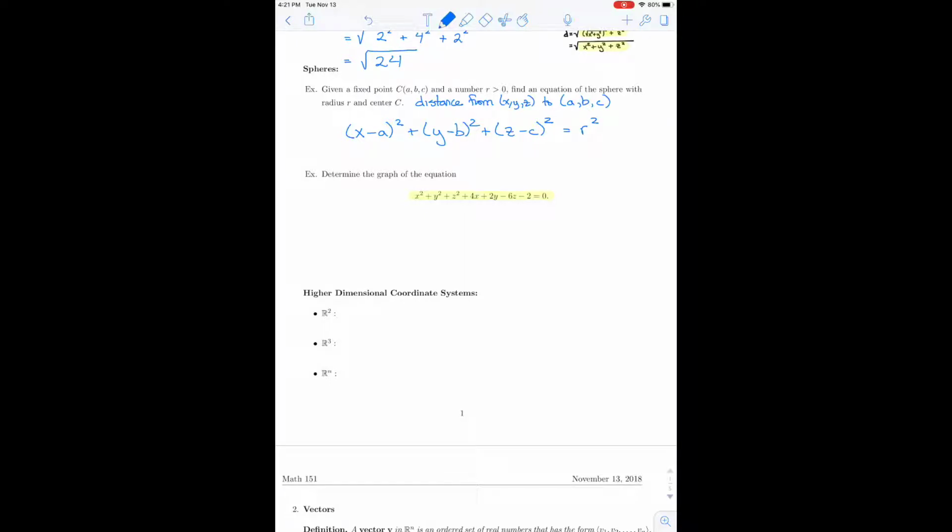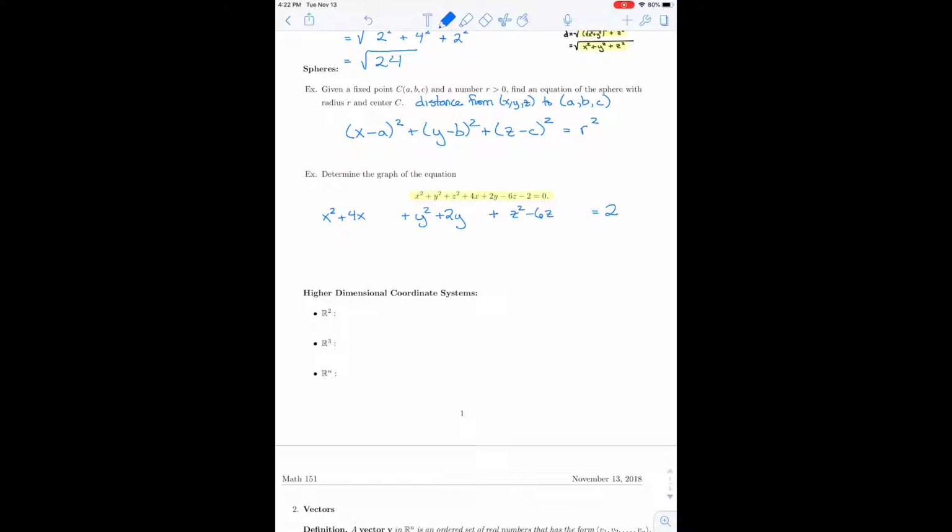I'm going to rewrite that equation as x squared plus 4x, give myself some space, plus y squared plus 2y, give myself some more space, plus z squared minus 6z, and I'm going to set that all equal to the number 2.